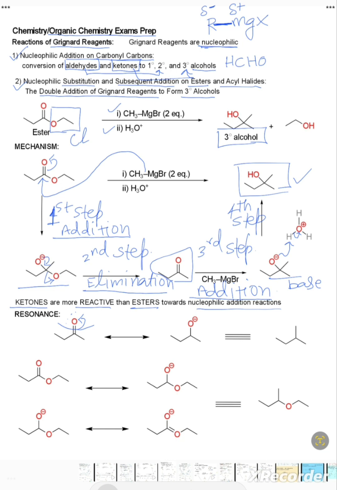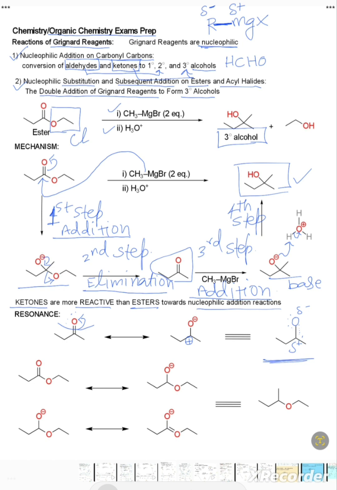Therefore, the result of this movement of electrons gives us this resonance structure, which is quite stable, and we can show how the resonance hybrid would look. This carbon gets a partial positive charge and oxygen gets a partial negative charge.